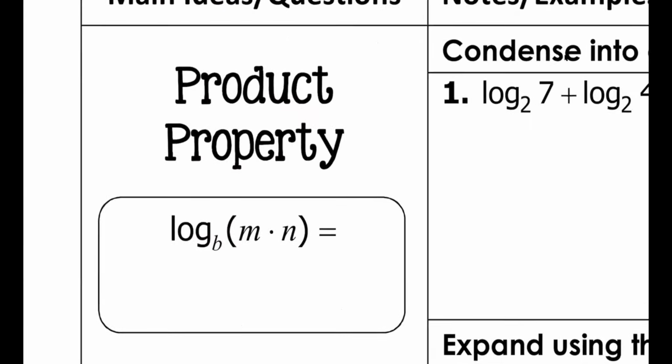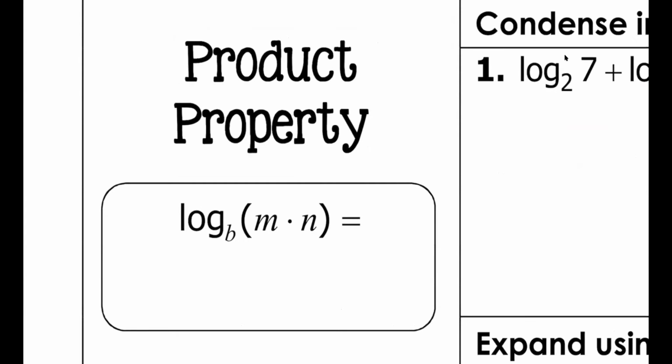We're going to talk first about the product property. If I have a log with a base b, and I'm taking the log of a product, m times n, something times something, well, if you remember, when I multiply the same base in exponents, like 5 to the third times 5 to the seventh, what do you do to the exponents when you have the same base and you're multiplying?